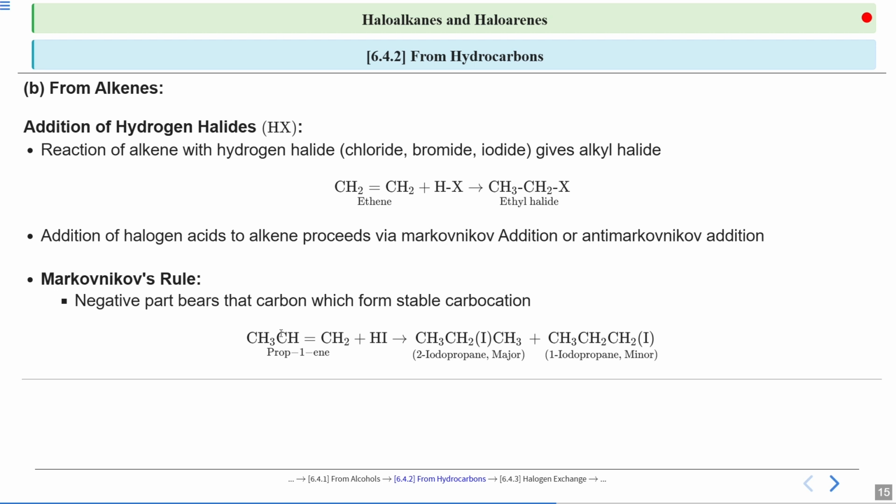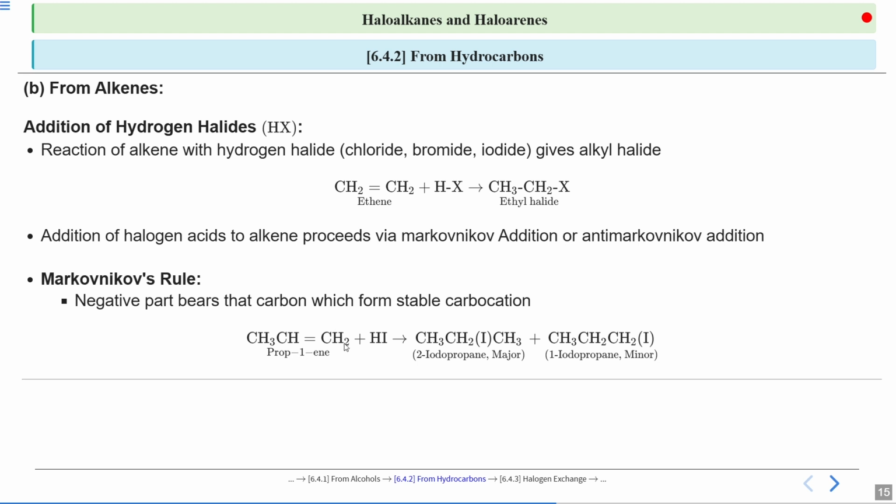The attack is on the carbon which forms the stable carbocation or has the lesser number of hydrogens. Why does it form a stable carbocation? Because if the hydrogen is added to the other carbon, the positive charge will come over this carbon and it is a secondary carbocation, which is more stable than the primary one.